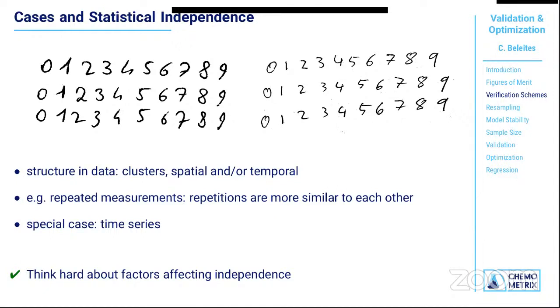For example, we may have repeated measurements that are more similar to each other than to a repetition that was not done of the same physical specimen, or we have different measurements taken of one and the same patient, and so on and so forth.